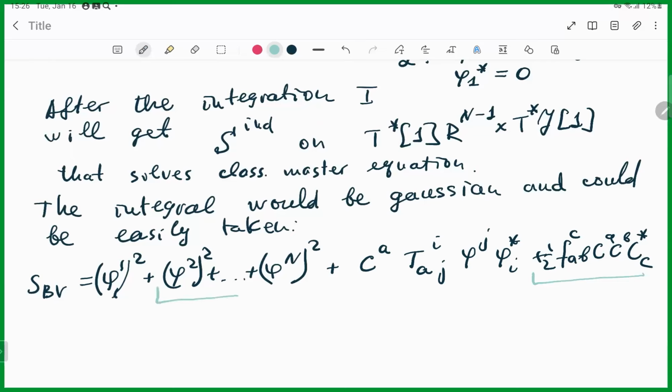I would not take care about this term. What bothers me is phi 1 that sits here and phi 1 that sits here.